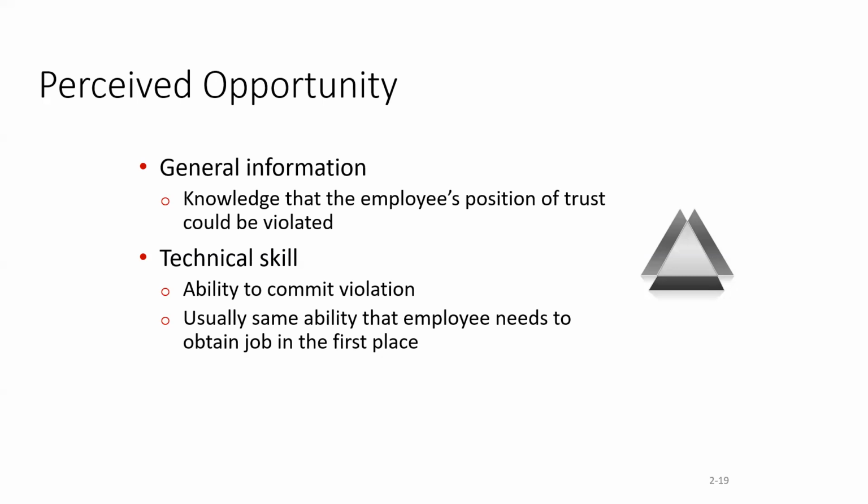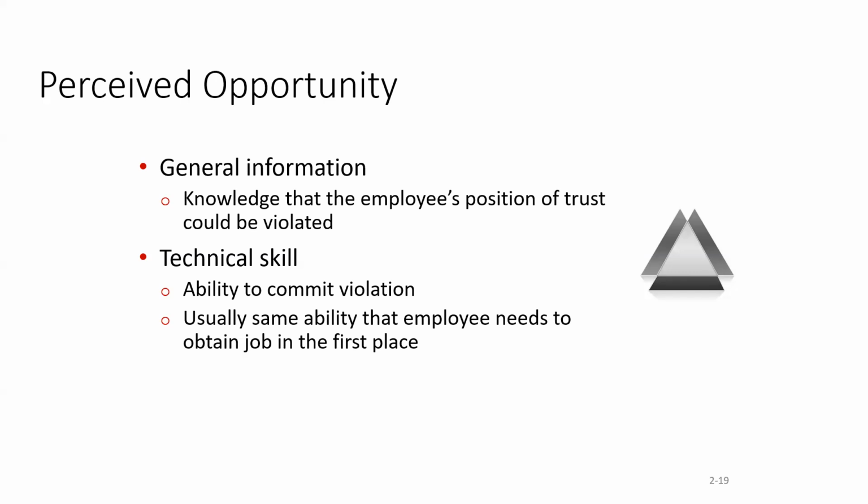These are usually the same abilities that all employees might have. There could be employees that have general information and technical skill, but they may not necessarily commit the crime. So these are not unique characteristics of our occupational offenders.